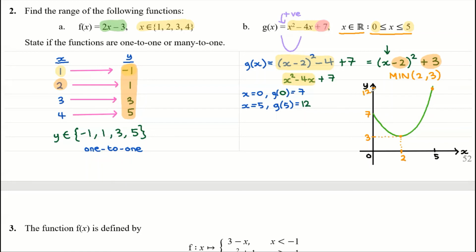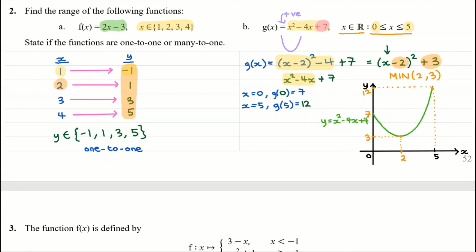Okay, so again, you just might want to show that you're just reading that off. Okay, and this is the graph, labeling the graph, of course. y equals x squared, subtract 4x plus 7. So we've got everything we need.